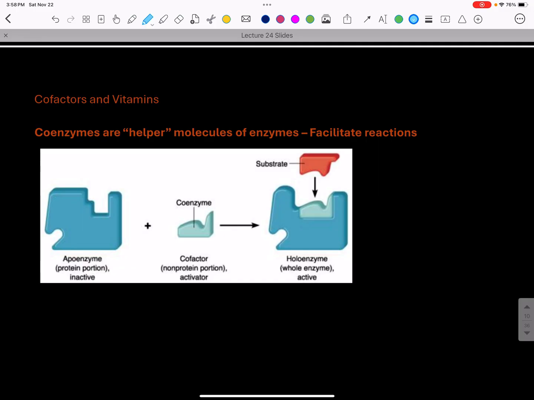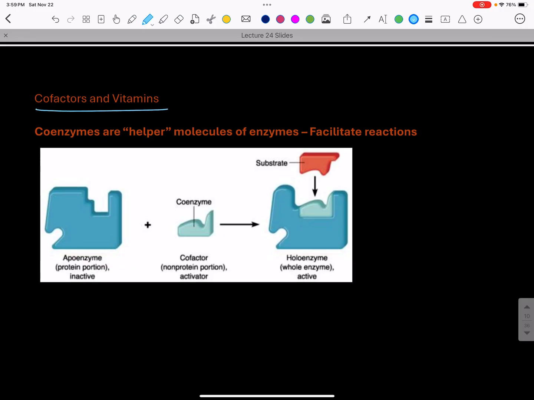Now, the enzymes are also dependent on certain coenzymes or cofactors. The coenzymes or cofactors are helper molecules that facilitate certain reactions on the enzyme. For example, if there is a redox reaction, these cofactors or coenzymes can help in transferring the electrons.